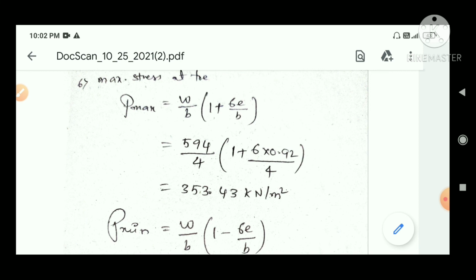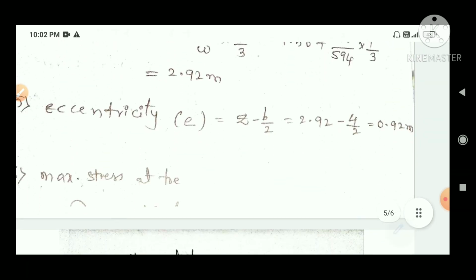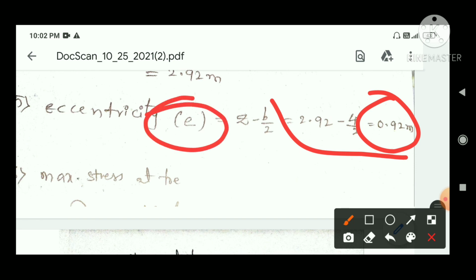Already we know the total self weight is 594 by 4 of (1 plus 6 into 0.92). E value we already got, 0.92.